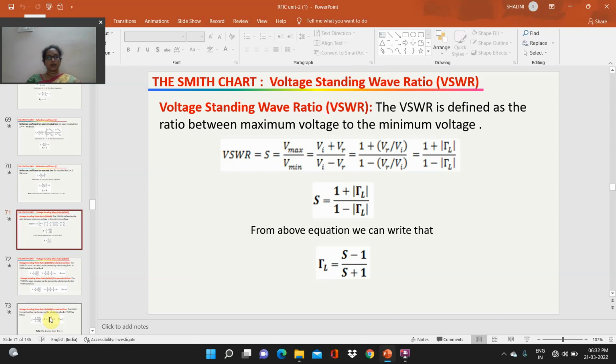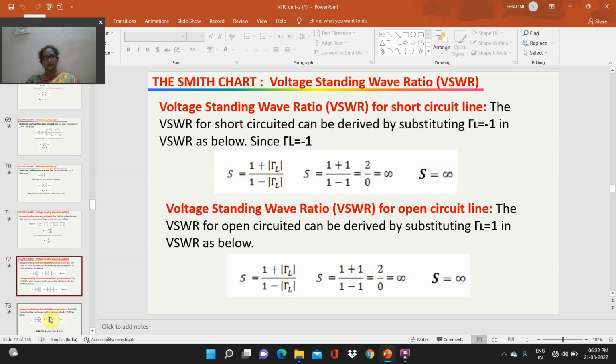So here S is equal to (1 plus gamma L) by (1 minus gamma L), and from this equation gamma L can be written as (S minus 1) by (S plus 1).